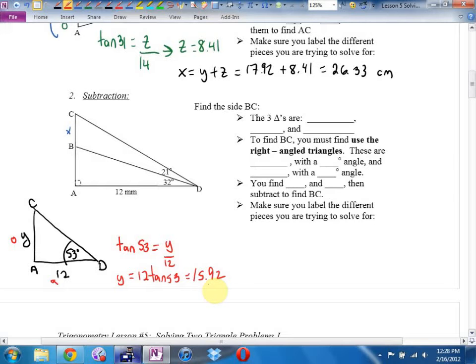Okay. Now what? You know what I'm going to call that? Z, with a proud Canadian smile. Find Z on your own.